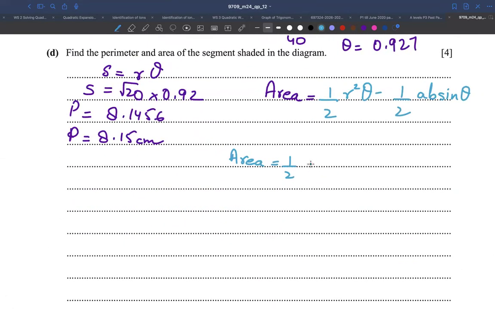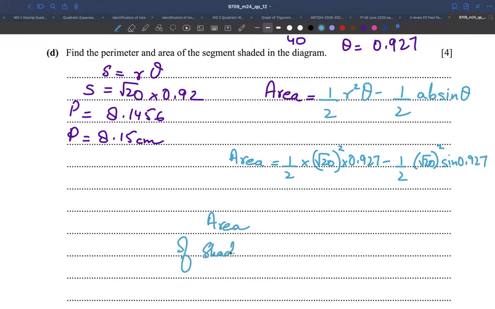Please put this in the calculator. So root 20 squared into 0.927 minus half into root 20 into root 20, which is whole squared because both lengths are same, into sine of 0.927. And whatever your answer is, that is the area of the shaded region.